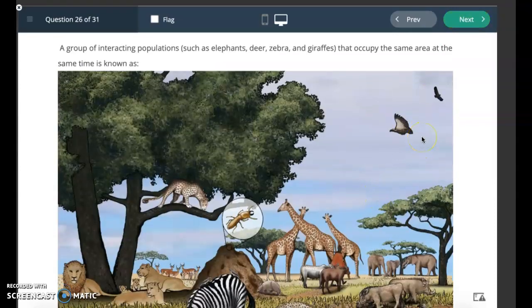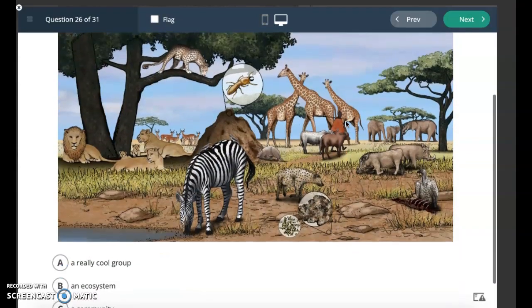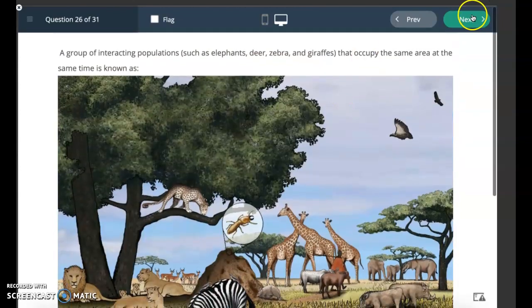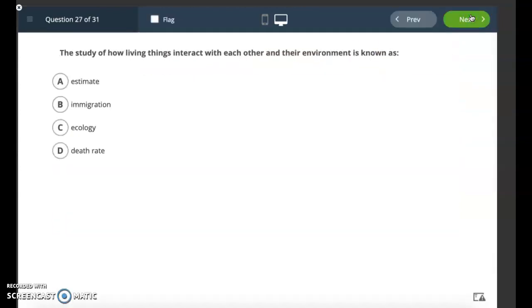26. A group of interacting populations such as elephants, deer, zebra, and giraffes that occupy the same area at the same time is known as A, a really cool group, B, an ecosystem, or C, a community. 27.